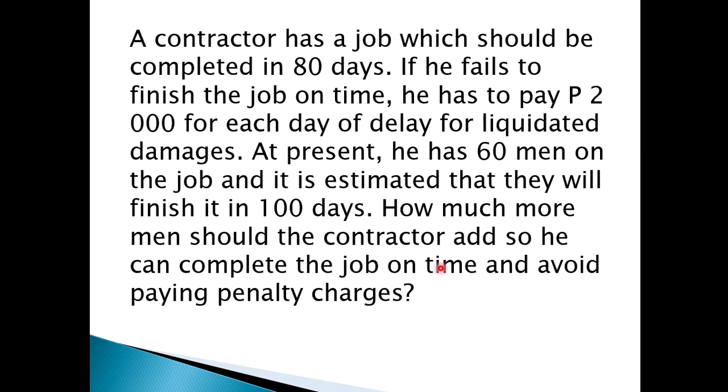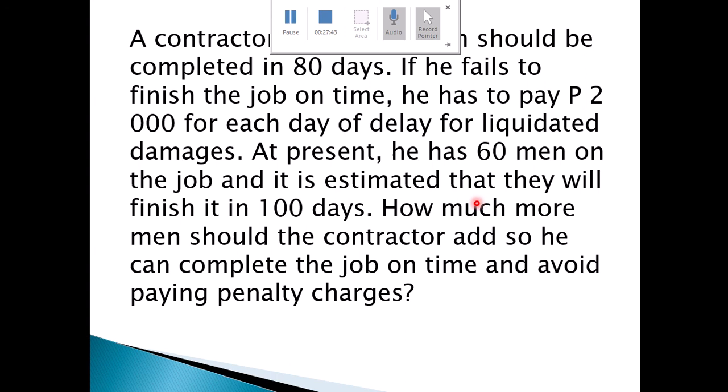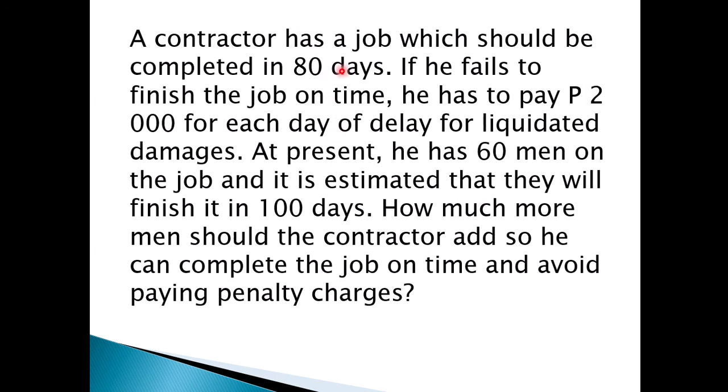So there goes the problem. How much more men should the contractor add so he can complete the job on time and avoid paying penalty charges? So for our variables given, we have 80 days, which will be completed by a contractor. And then another condition, he fails to finish the job on time.